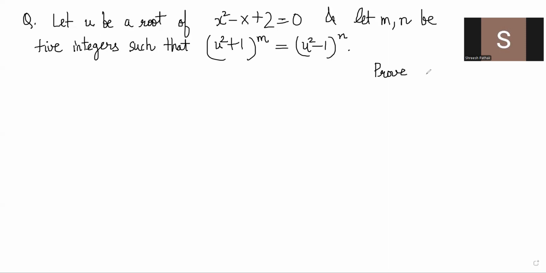You have to prove that m is equal to 3n. Not very difficult, try it out.